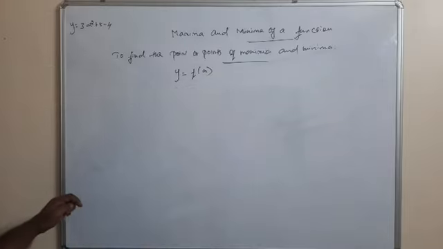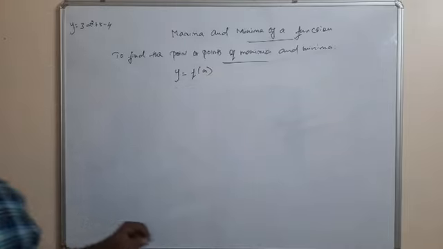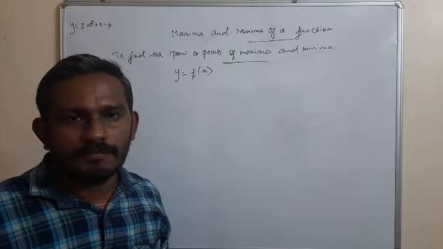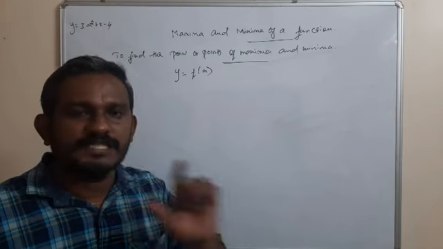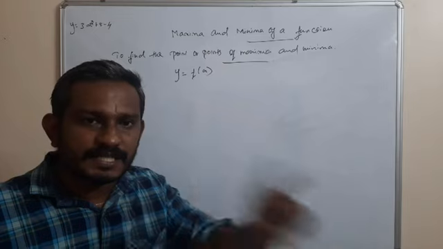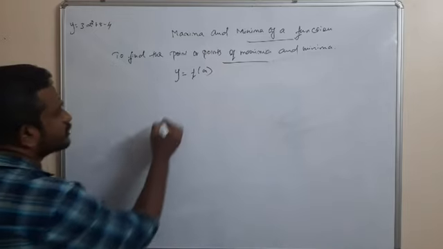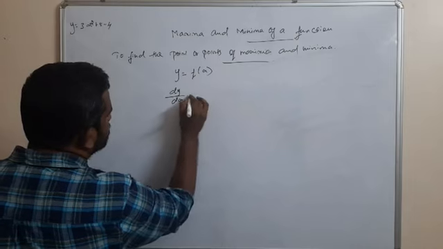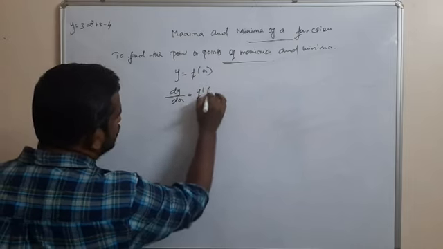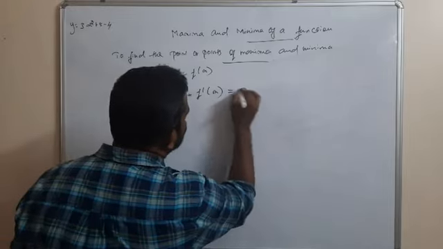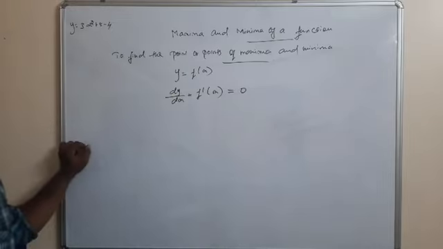What we know is that at the maximum and minimum the slope of the tangent is equal to 0, that is dy by dx equal to 0. So dy by dx, that is f dash of x, equal to 0.